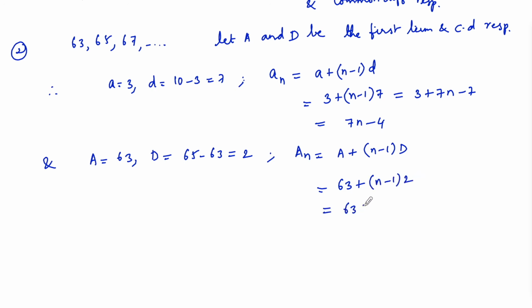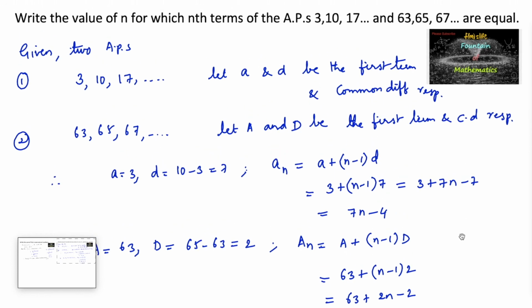So we can write 63 plus 2n minus 2, so that is 61 plus 2n. So the two nth terms are mentioned here, and now we need to find the value of n for which the nth terms of two A.P.s are equal.